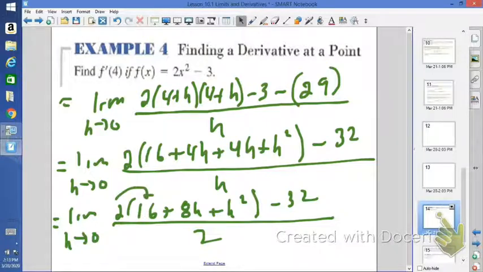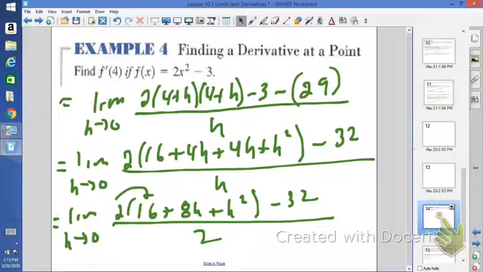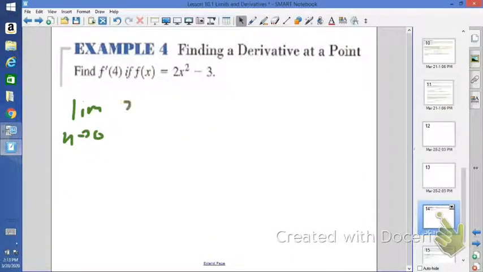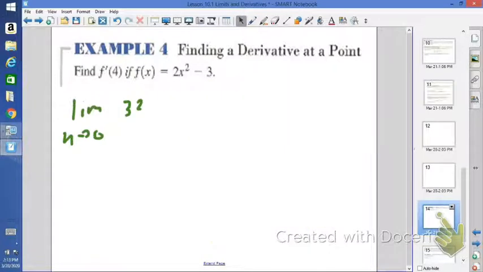So the limit as h approaches 0. We have 2 times 16, so that's going to give us 32. 2 times 8h is 16h.